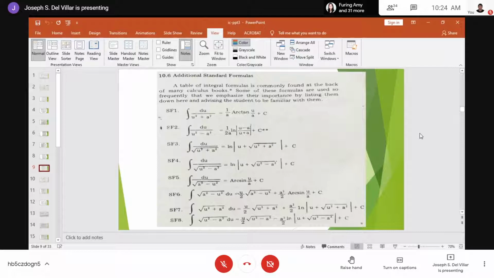Okay, of course, aside from those trigonometric substitution, actually may naka-ready na siyang mga answers, kumbaga, formula, no? So take a look at these additional standard formulas.